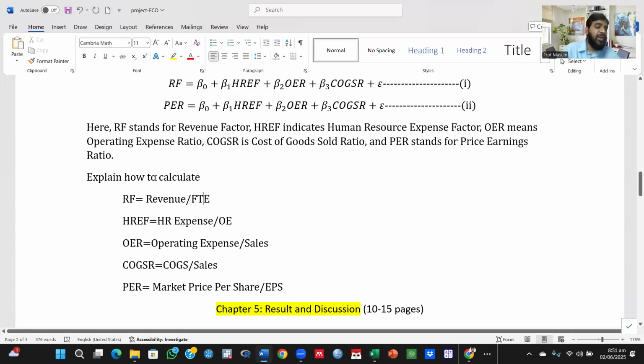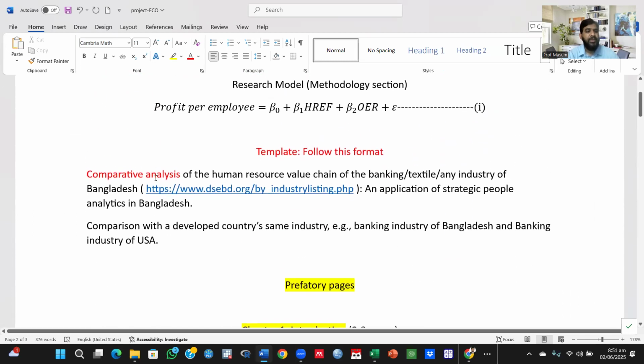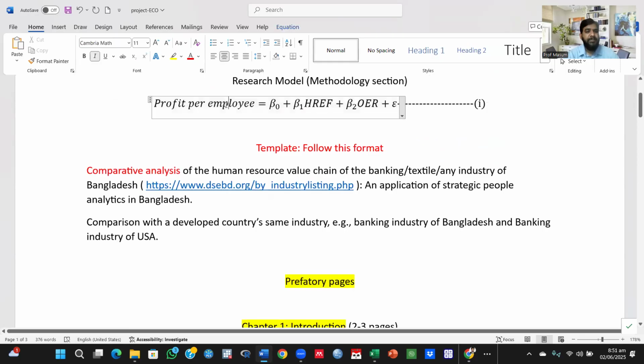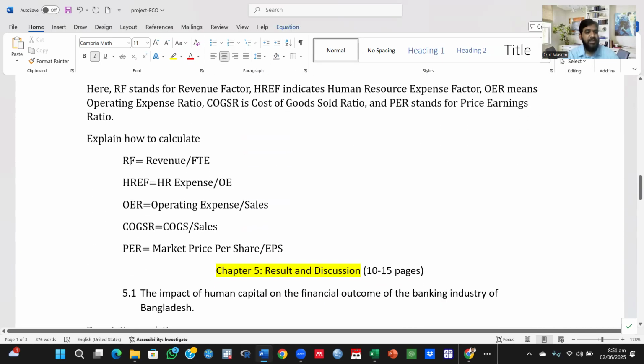Revenue factor or profit per employee is same. So you can use revenue factor. This is defined. Revenue divided by full-time employees. Then HR expense factor. HR expense factor means HR expense divided by operating expense. Also operating expense ratio, operating expense divided by sales.